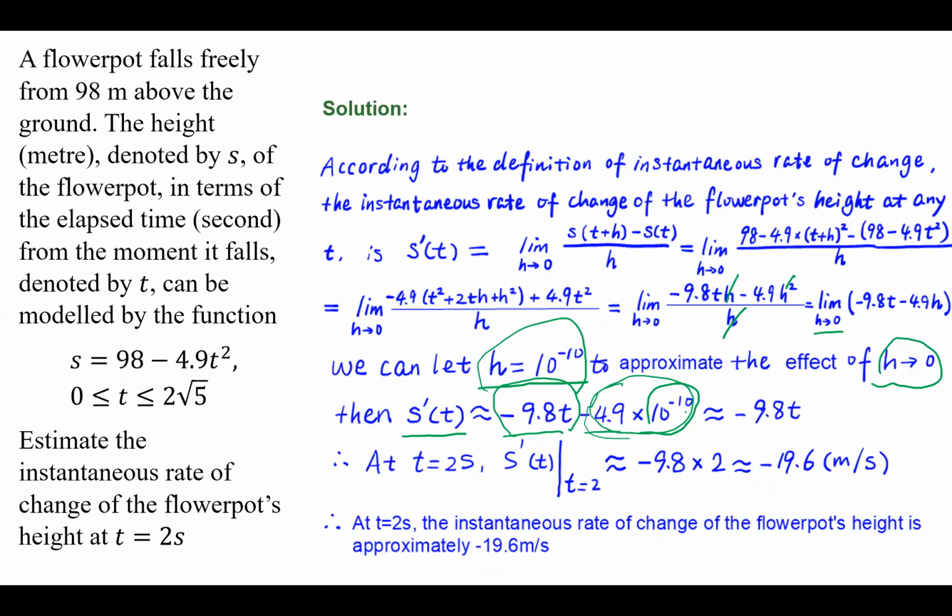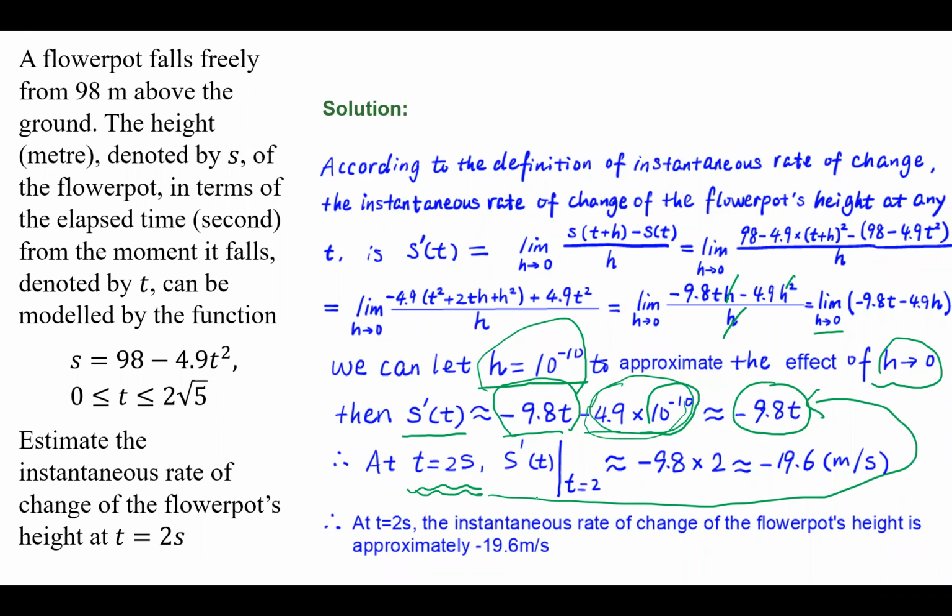The effect of the latter part can be ignored. Therefore, it's approximately negative 9.8 t, right? This means the instantaneous rate of change at any time t is just negative 9.8 t. Therefore, at t equals 2 seconds, you can just plug this value into that equation here.